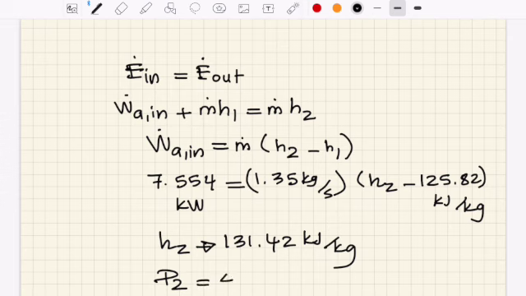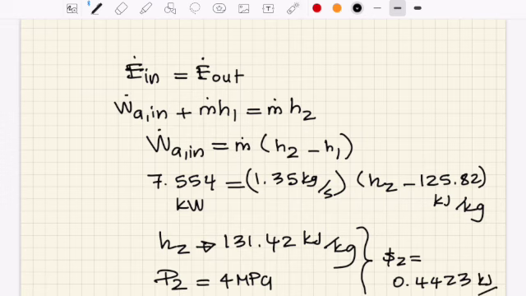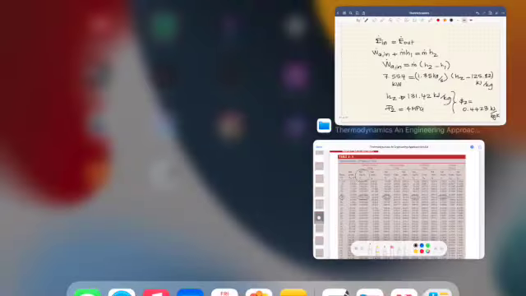It was 4 megapascal, which means 4,000 kilopascal.